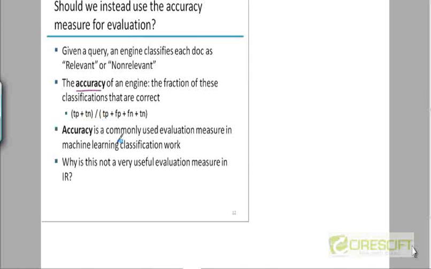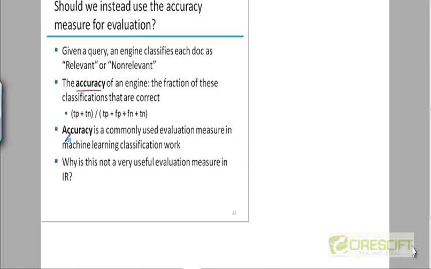So here's a question. Why would accuracy not be a useful metric in the context of search engines? So the true negative may be so high that it would make the value unusable, because we'll have so many documents.